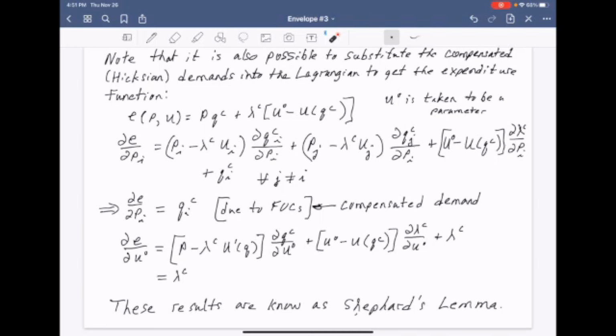If you take the first derivative of the expenditure function with regard to any price, it gives you the Hicksian demand function for that commodity. And if you take the partial derivative of the expenditure function with respect to u0, you get lambda c. And remember, lambda c tells us how much the objective function changes when you make a change in the constraint. In this case, the constraint is the indifference curve you're on. So these are known as Shephard's lemma.